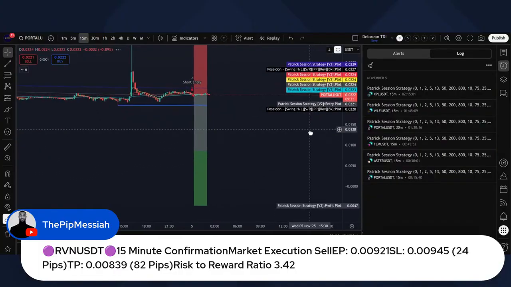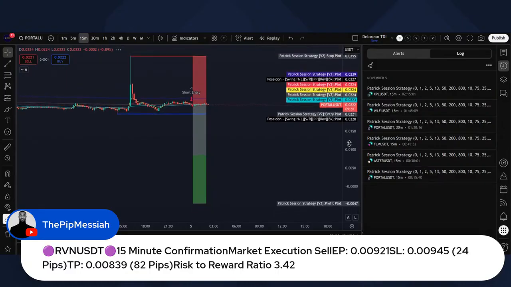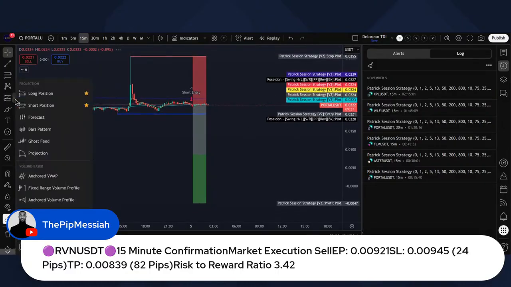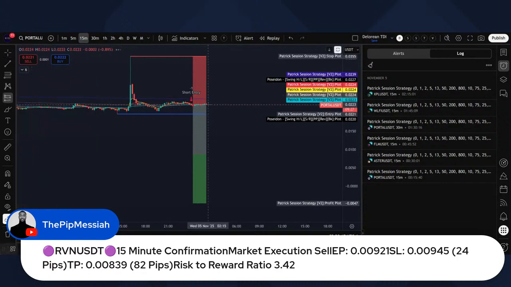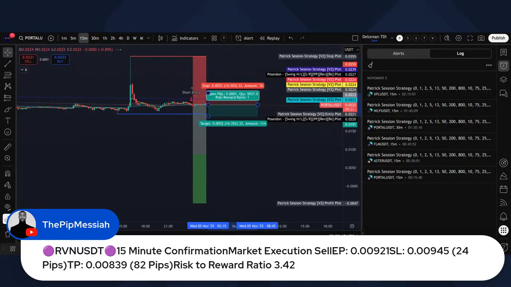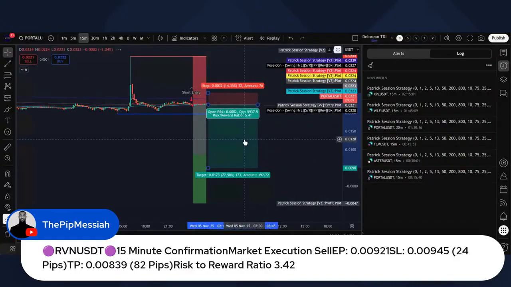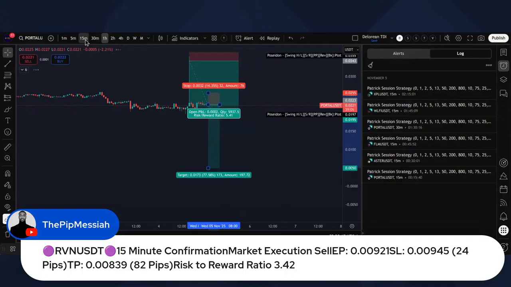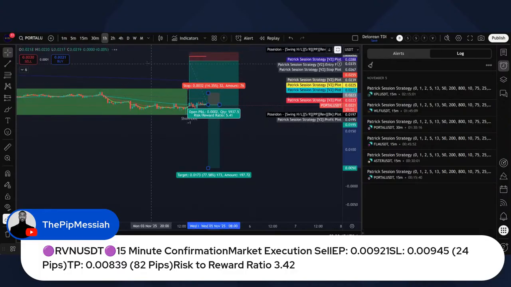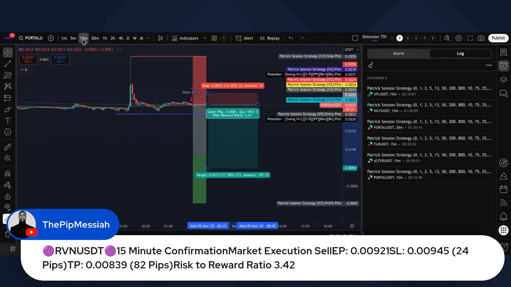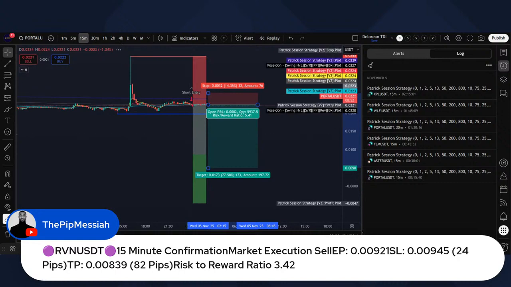All right, so this time we have Portal versus Tether. We have target 0.005. Not sure what the deal was just then, but got it fixed.